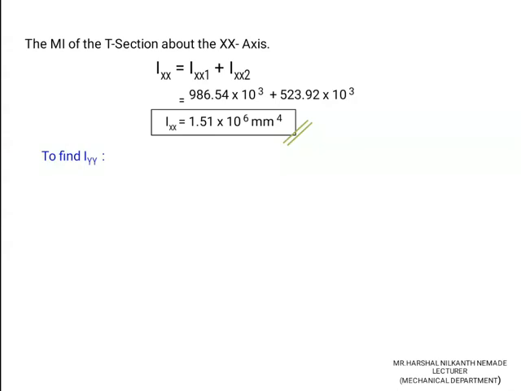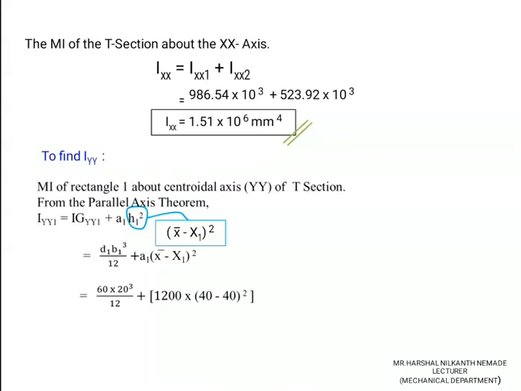To find now Iyy. For Iyy, moment of inertia of rectangle section 1 about centroidal axis yy of T section from parallel axis theorem. We know parallel axis theorem is given by Iyy is equal to Igyy plus A1 H1 square.